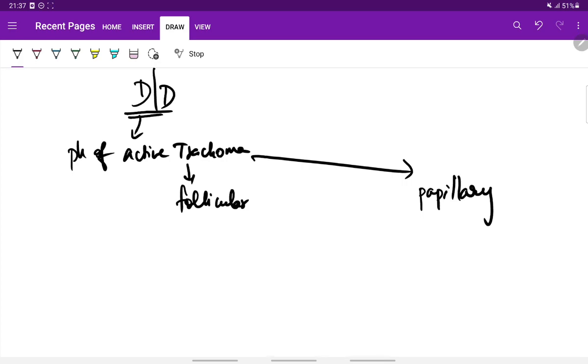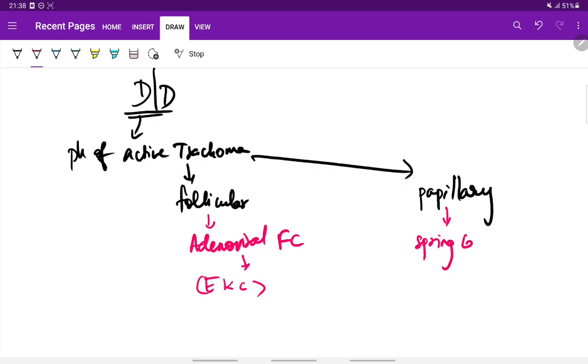For follicular hypertrophy, the main differential diagnosis is adenoviral follicular conjunctivitis, that is epidemic keratoconjunctivitis. Whereas the differential diagnosis for papillary hyperplasia is spring catarrh, which is a form of allergic conjunctivitis.